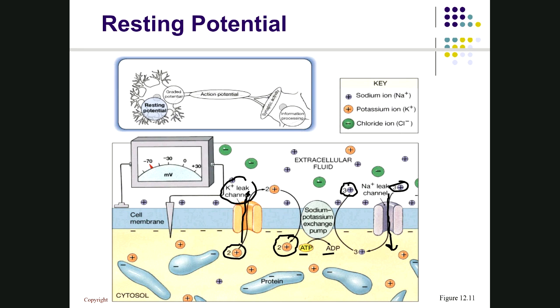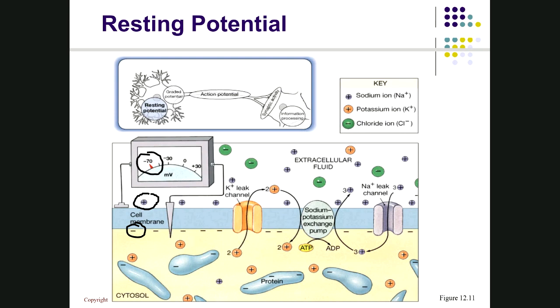And we get this steady state. And if we measure the voltage at this steady state, remember the outside's more positive, the inside's more negative. And if we want to know how much more positive, it's minus 70 millivolts. So this is a nice summary slide of everything that's going on.